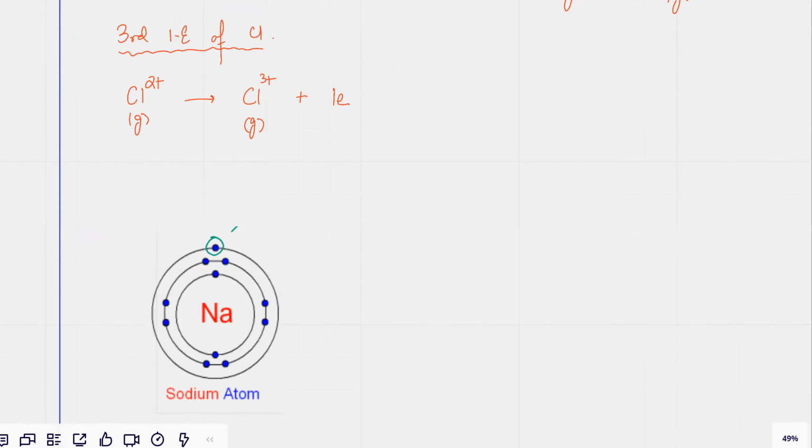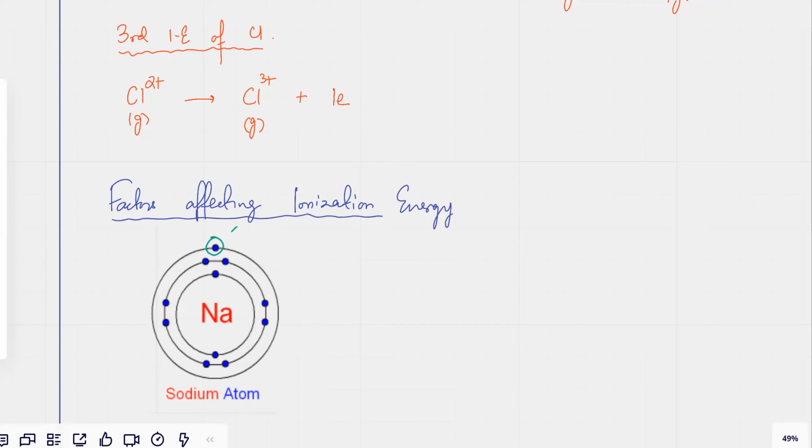Like what would determine which electrons are lost easily, which ones are not lost easily? So, factors affecting ionization energy. The energy needed can be very large or it can be very less as well. So if it's very hard to remove electrons, the energy would be a lot. You would need a lot of energy to remove electrons.